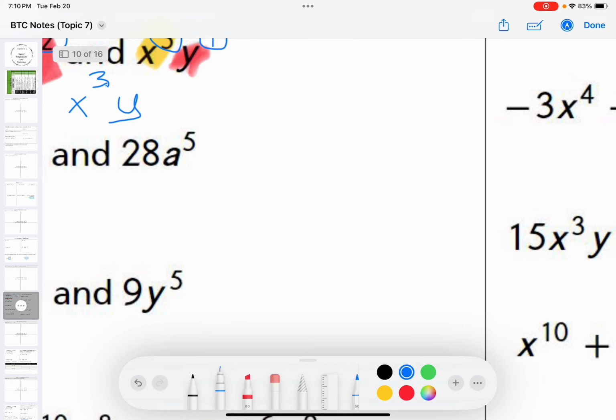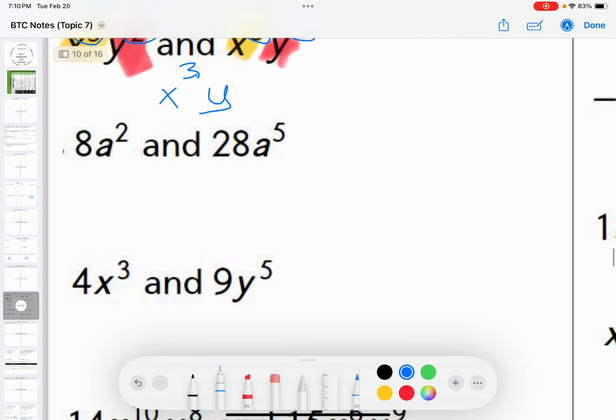Now in this next one, I've got 8a squared and 28a to the 5th. So we're going to look at our numbers first, our 8 and our 28, and try to figure out what the greatest common factor is of 8 and 28. So we'll start with that 8. And again, think of the factors, which is 1, 2, 4, and 8.